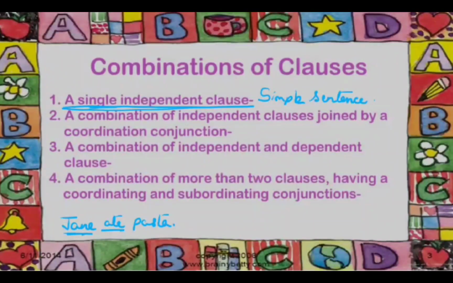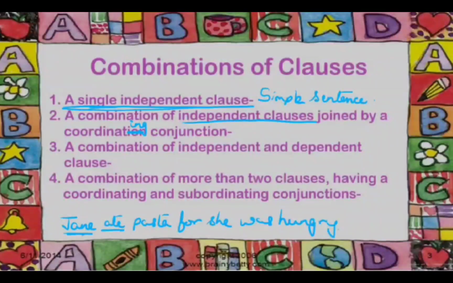A combination of independent clauses, each a sentence in itself, joined by a coordinating conjunction. I'm sorry, there's an error: it's not coordination, it's coordinating. So, a combination of independent clauses: Jane ate pasta, for she was hungry.